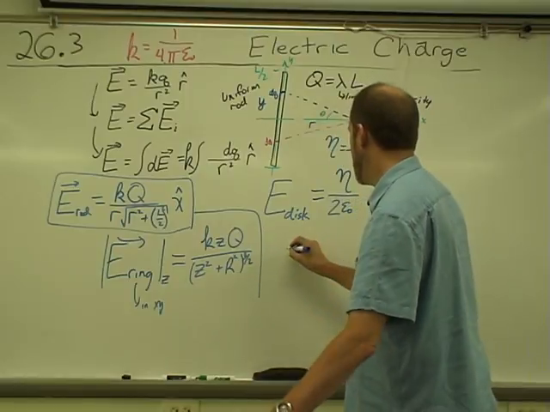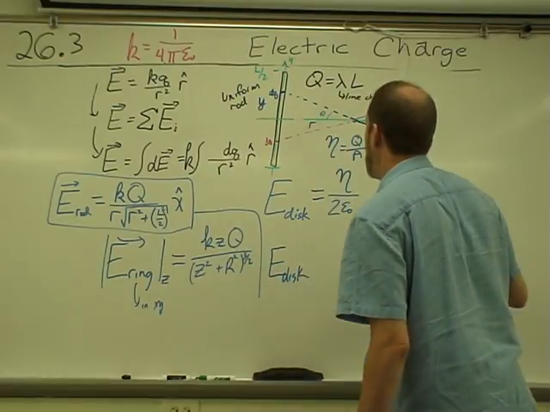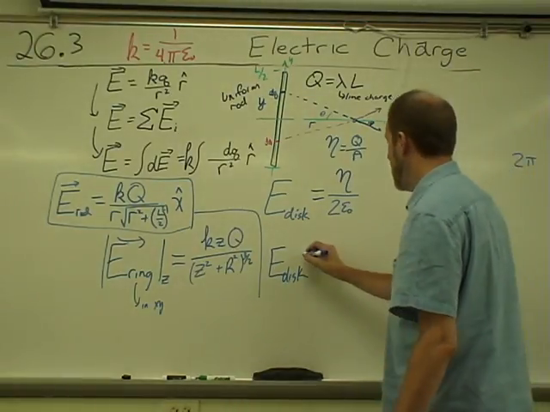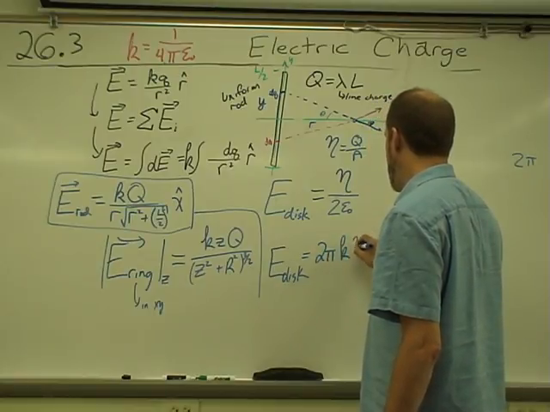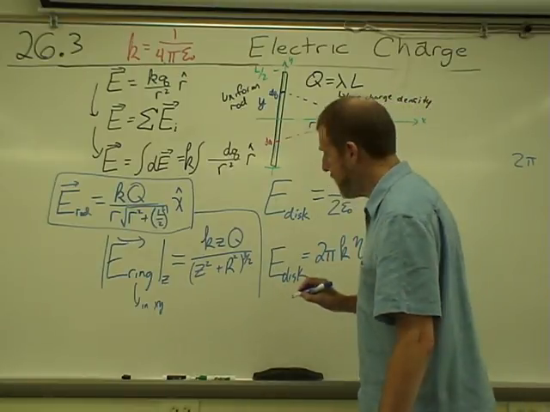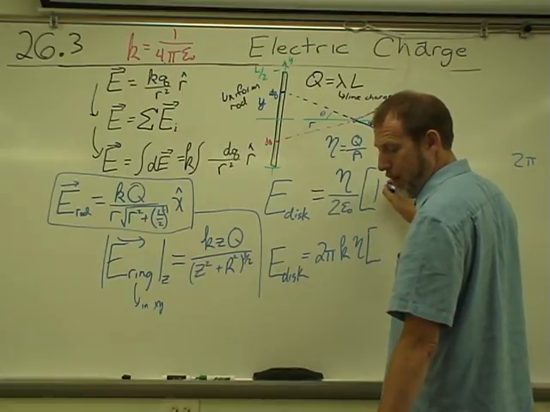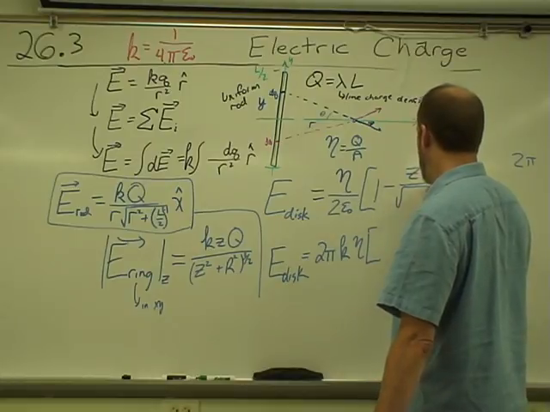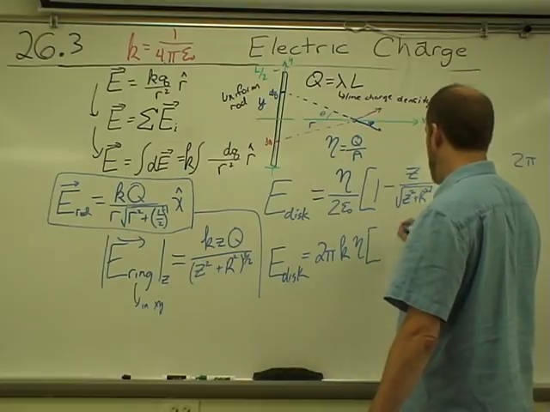From that equation, I can also write that as 2 pi times k epsilon naught times 1 minus z over the square root of z squared plus r squared.